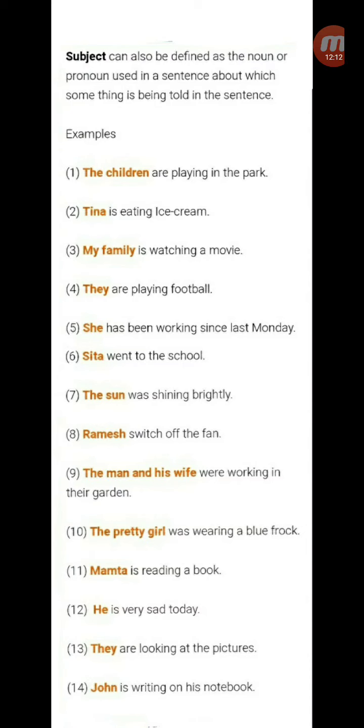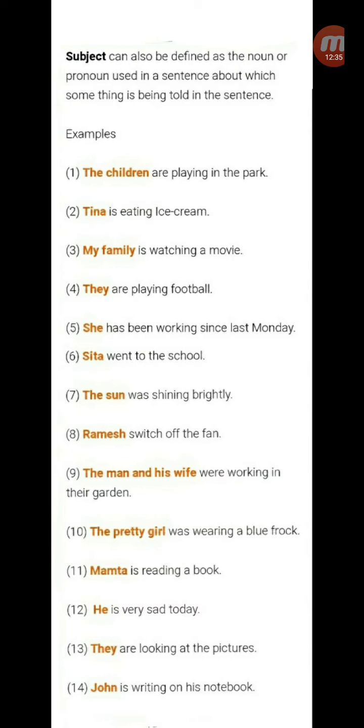He is very sad today. Who is very sad? He. Right. They are looking at the picture. Who are looking at the picture? They. John is writing on his notebook. Who is writing on his notebook? Yes, John.